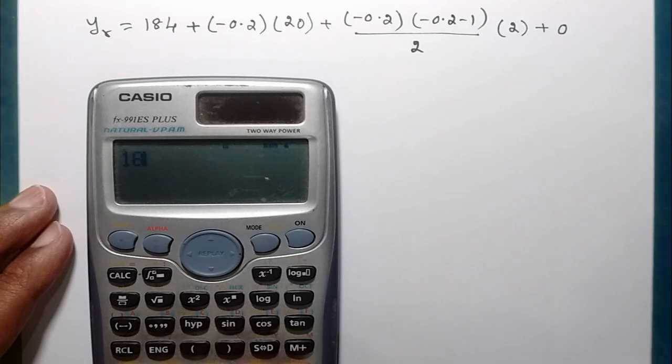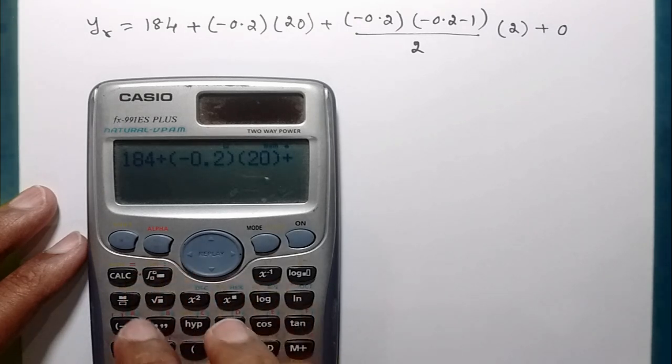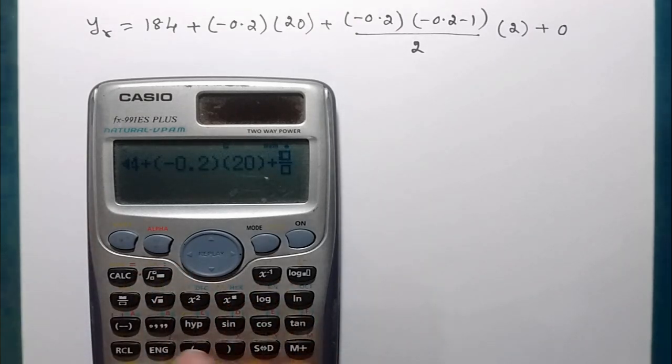It is 184 plus minus 0.2 into 20, plus minus 0.2 into minus 0.2 minus 1.